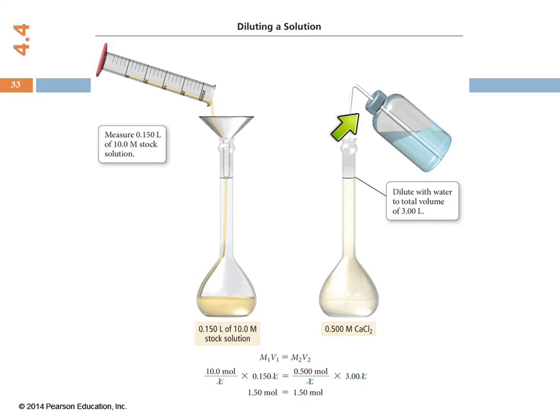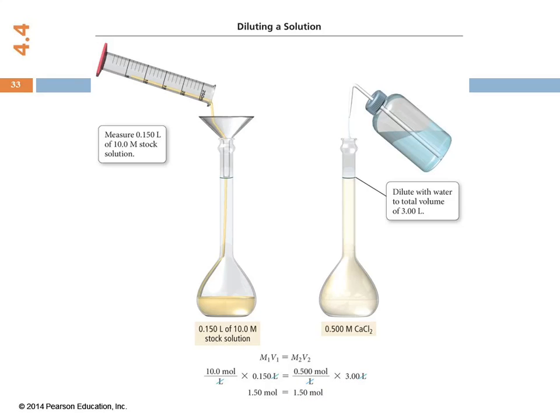And then we're going to add water to the mark so that we have a volume equal to the volume specified on the flask. And so here's the concentration of the stock solution times the volume of it that we used. And that will be equal to the concentration of the new diluted solution times its volume.